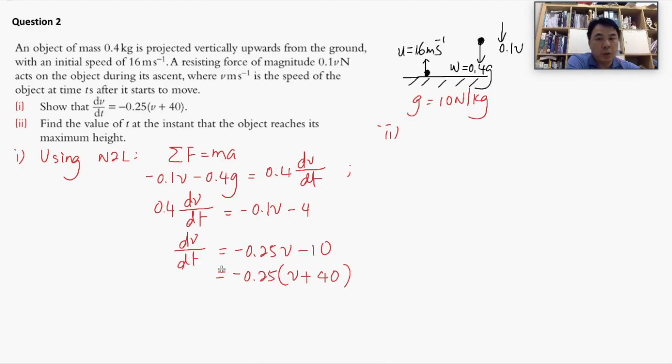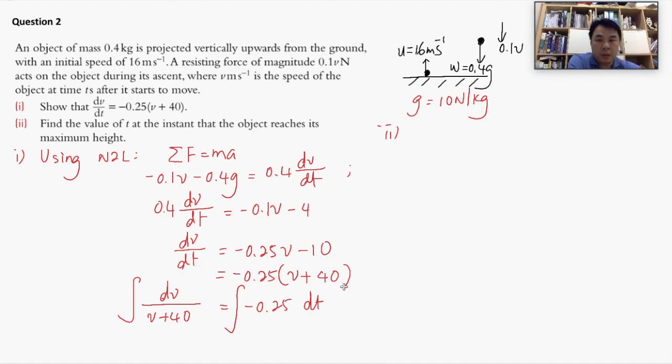So as usual, we need to solve this differential equation. Before we try to solve it, let me just rewrite this format again. So we can rewrite as 1 over v plus 40 dv equal to negative 0.25 dt. Now from here, we can reverse the derivative by taking integration.